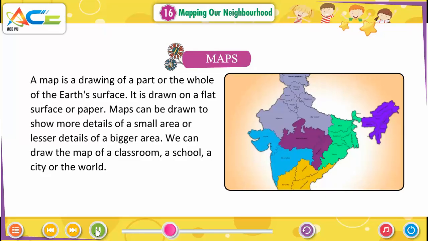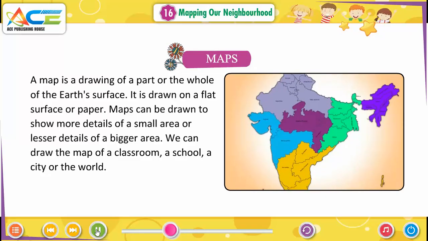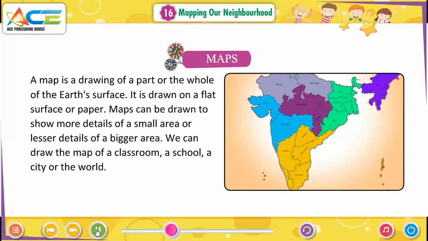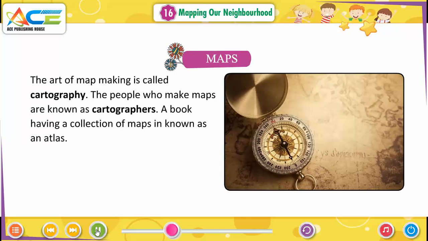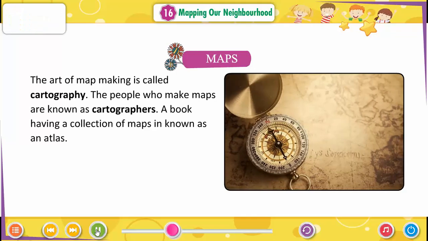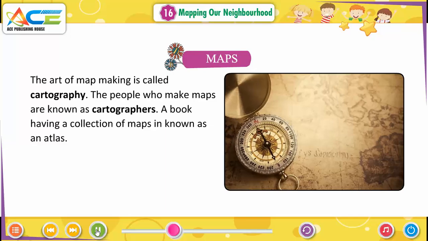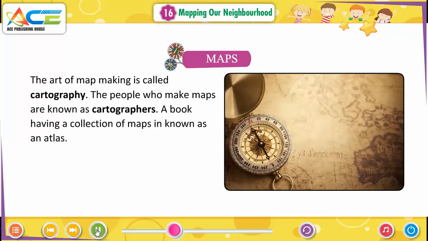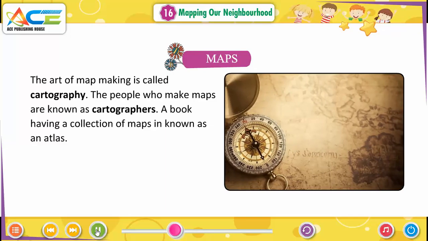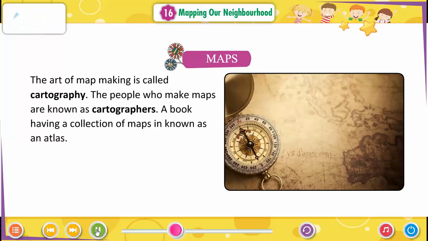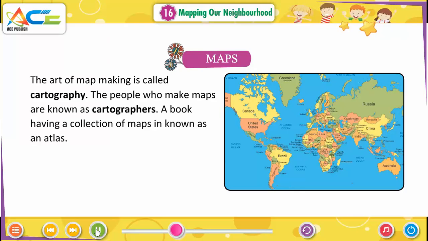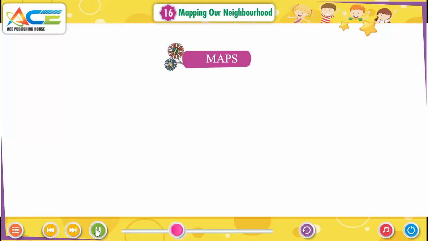We can draw the map of a classroom, a school, a city, or the world. The art of map making is called cartography. The people who make maps are known as cartographers. A book having a collection of maps is known as an atlas.